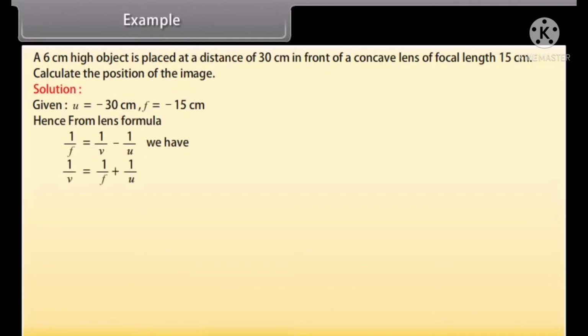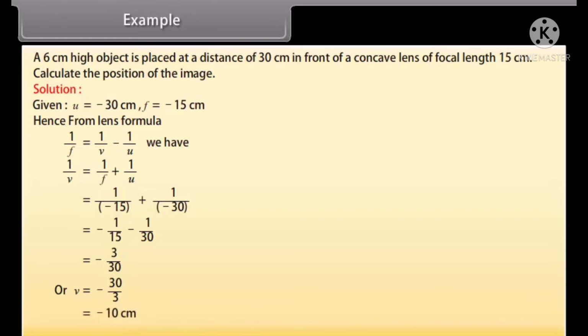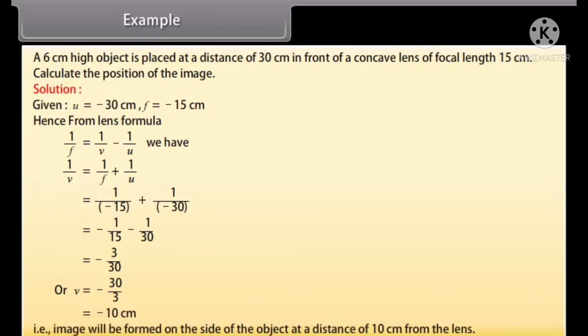We have 1/v = 1/f + 1/u = 1/(−15) + 1/(−30) = −1/15 − 1/30 = −3/30, or v = −30/3 = −10 centimeters. That is, the image will be formed on the side of the object at a distance of 10 centimeters from the lens.